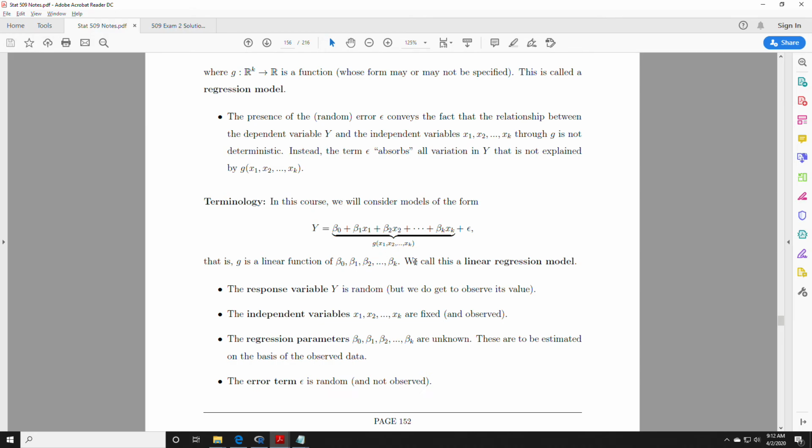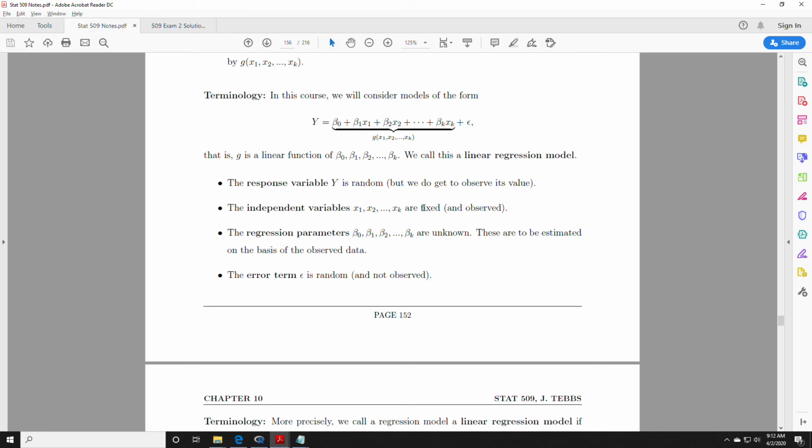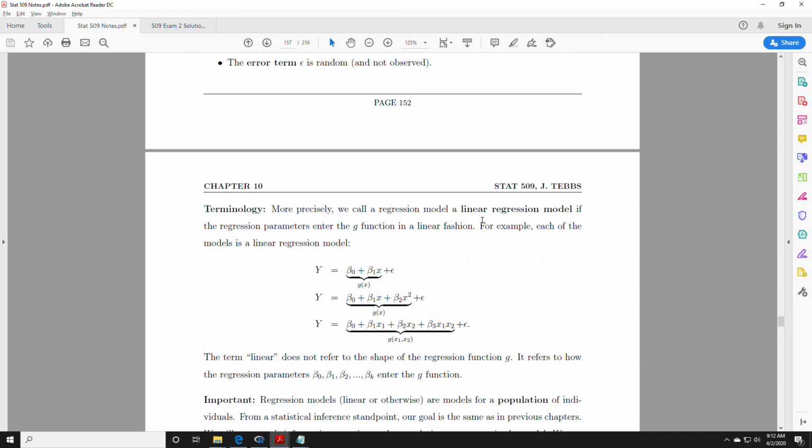Okay, so the term linear, what linear regression means, linear implies that the relationship between y and the x's, right? So the y is our response variable, the x's are our other variables, which are commonly called covariates or predictor variables or independent variables. Okay, but the relationship between y and these x's is linear, pretty much like a straight line in beta, right?